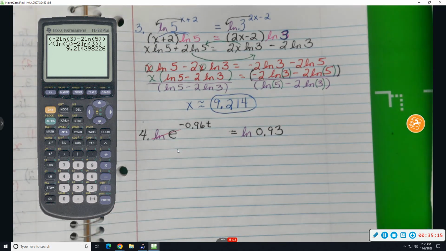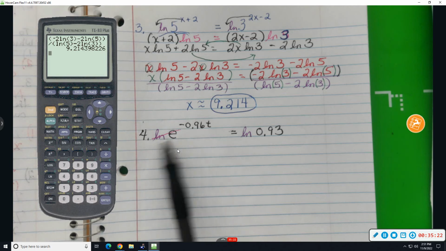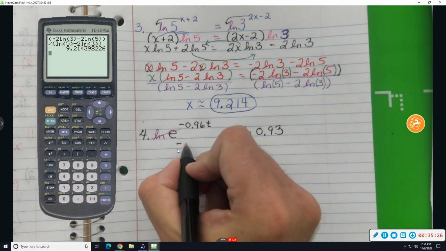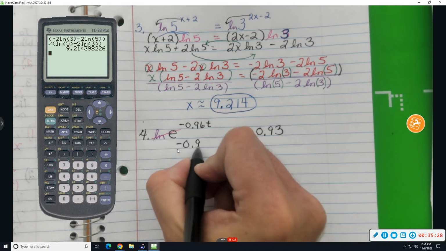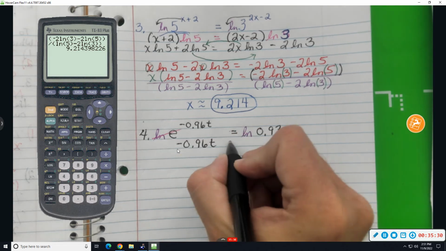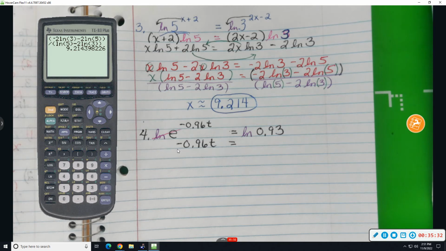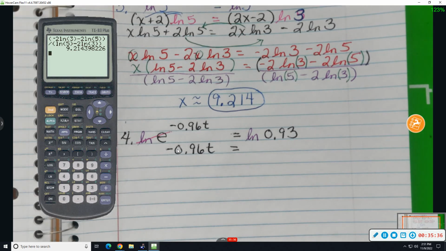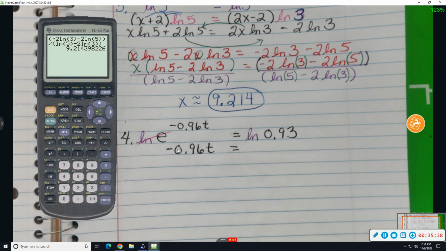This one's actually going to work out pretty nice. We canceled out that ln and e over here on the left. Then we just have a negative 0.96t equals ln 0.93.